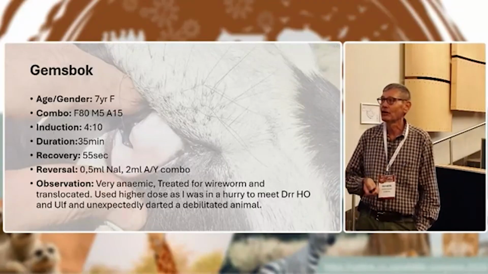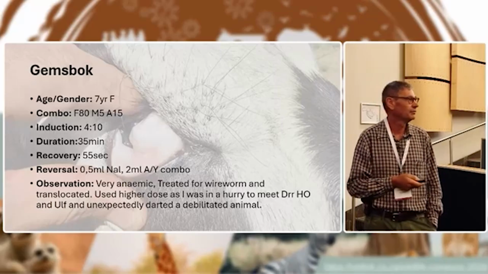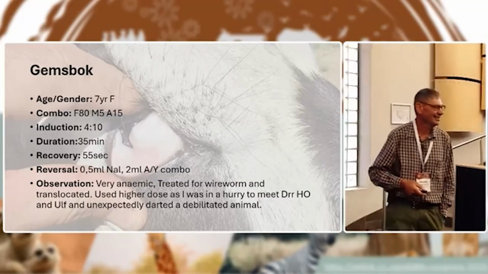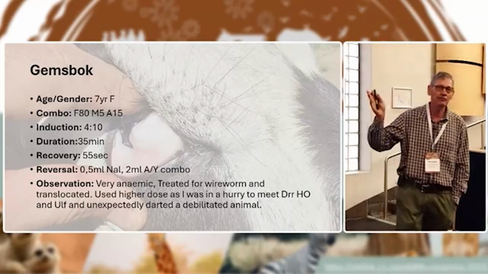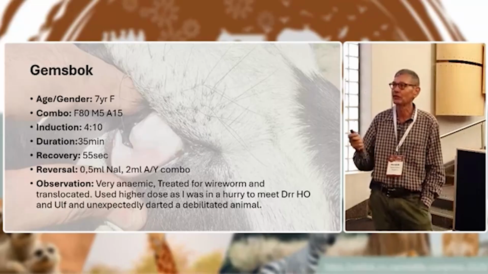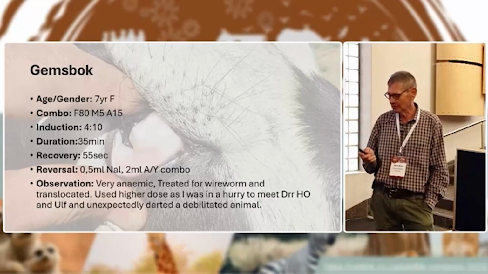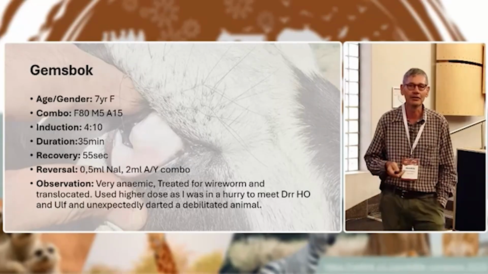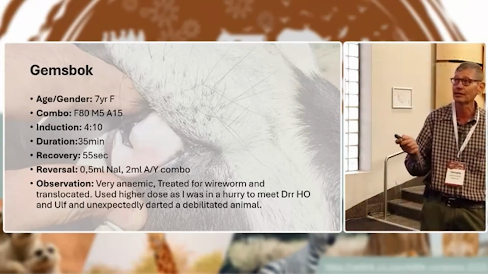On that same farm, I had a meeting set up with HO and Ulf, and I was late. Sorry for that again. After I had done the Willoughby's, he wanted to quickly dart the gemsbok. I decided to go extreme high on this animal because I was in quite a hurry, and then I could maybe still make it.